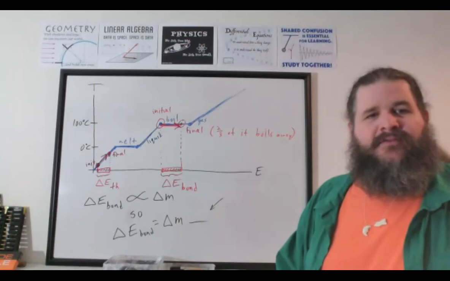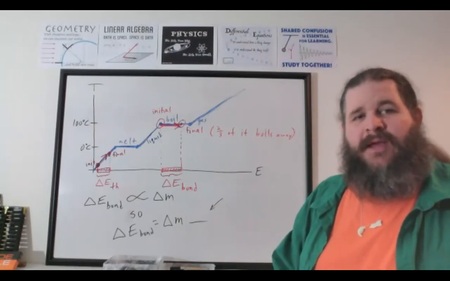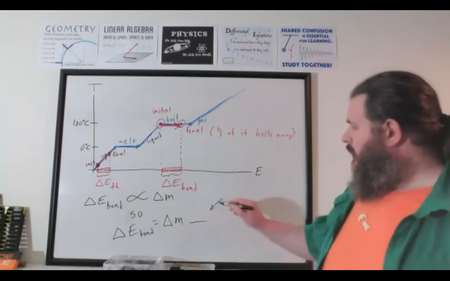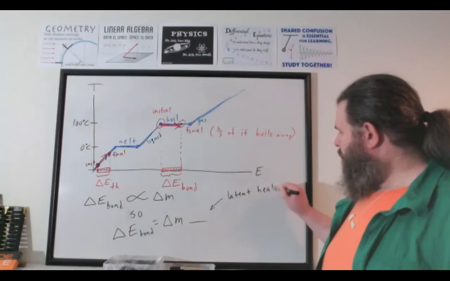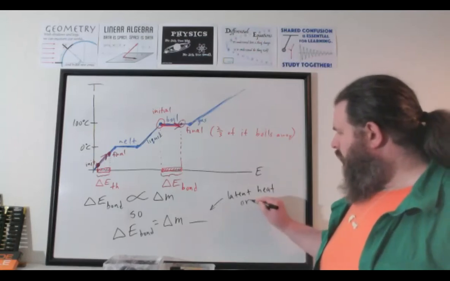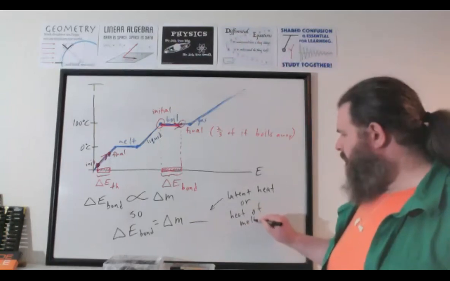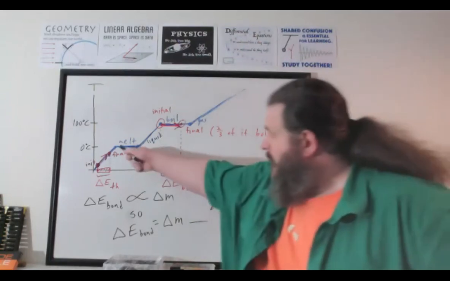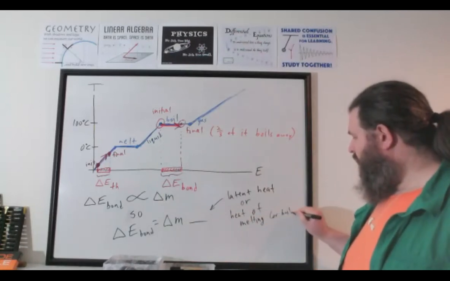has different names in different textbooks, I think largely depending on whether you're looking at it from a chemistry background or a physics background or an engineering background. This constant is sometimes called the latent heat of the substance, or the heat of melting, if you're talking about this transition, or heat of boiling, if you're talking about the other transition.